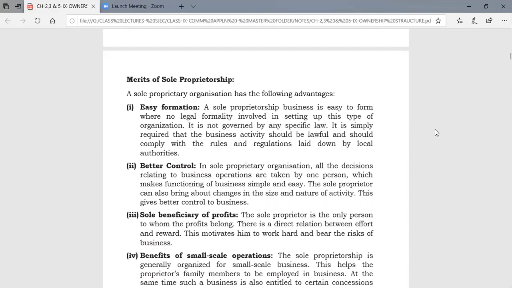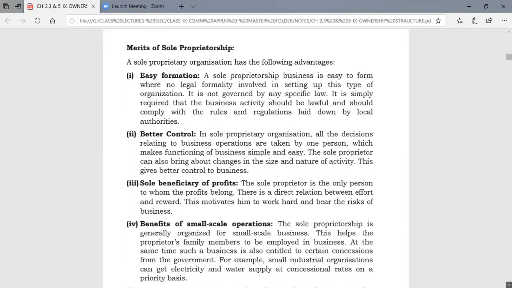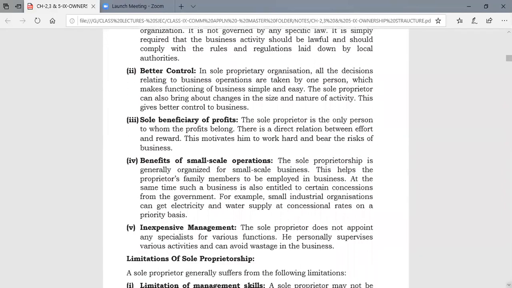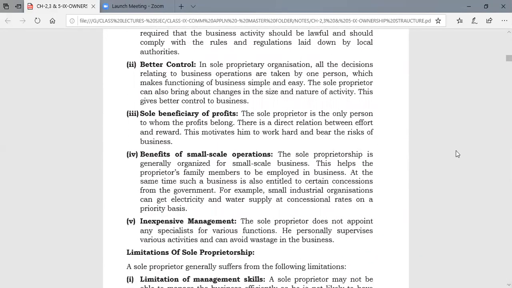Better control. Since there is only one person and that is the owner, the control of the business is in his own hand. So controlling is much, much better than other forms of organization, which we will learn about later on. Sole beneficiary of profits.